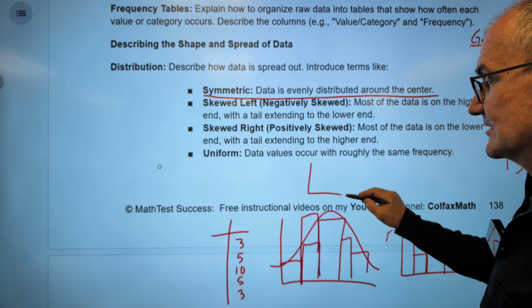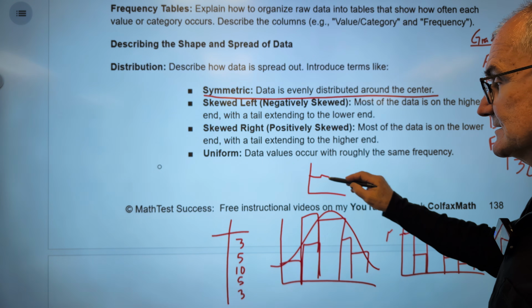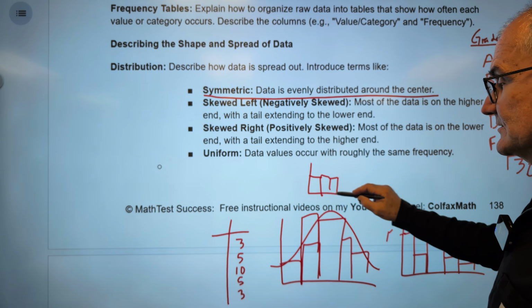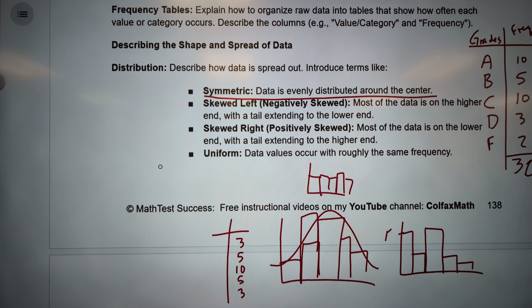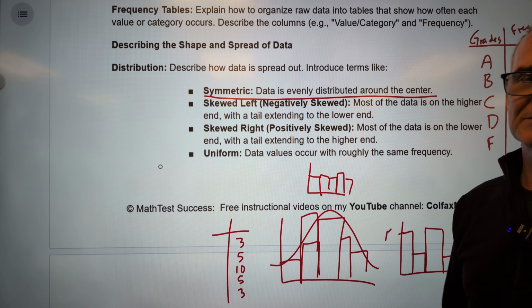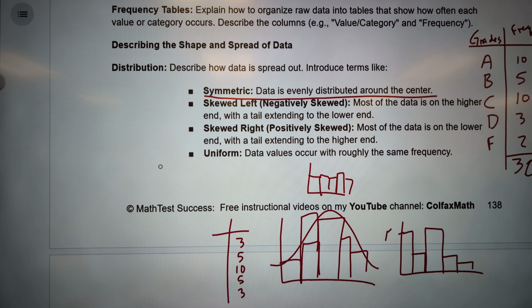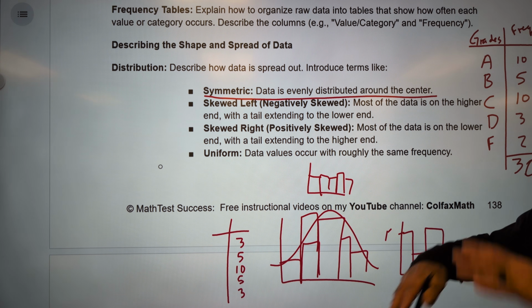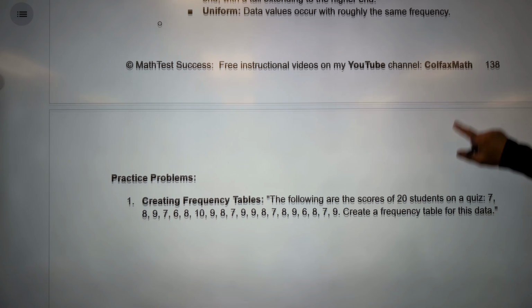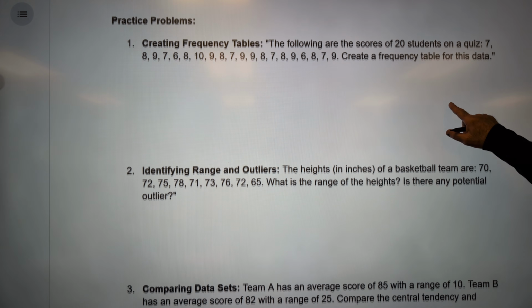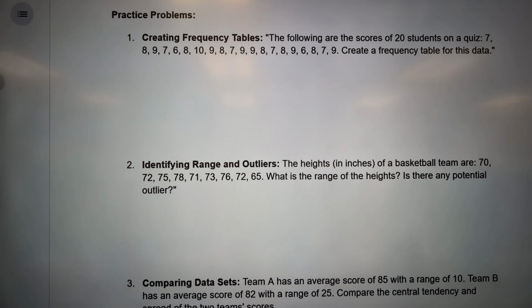And then your bar chart would go pretty much like this. Uniform data would kind of look like that. So it would not be normally distributed. Again, a lot of vocab, just trying to expose you to a lot of vocab. It's not a whole stats course, but just a quick recap on some of the key ideas in data and statistics. Okay, so let's get to some of these practice problems right here.